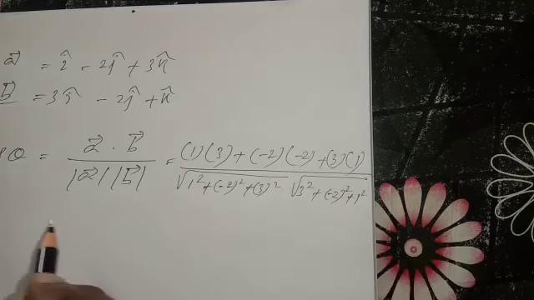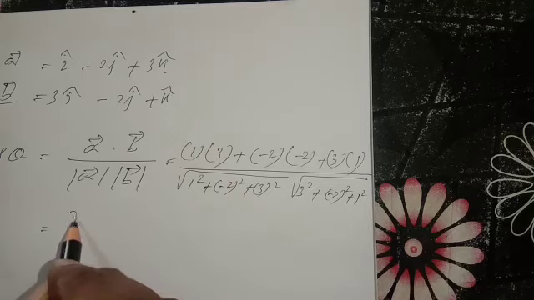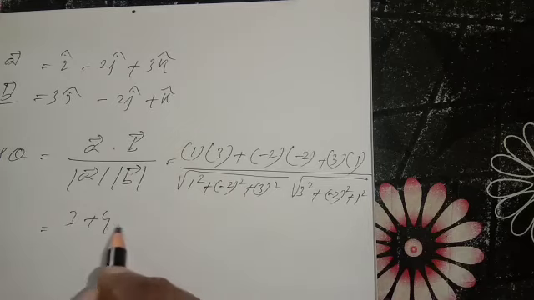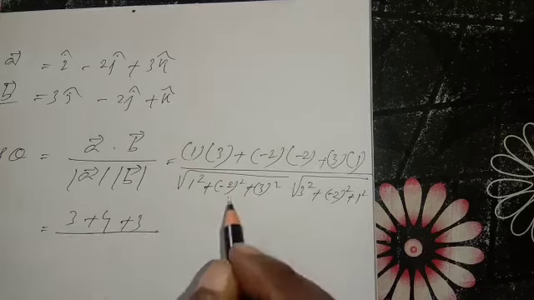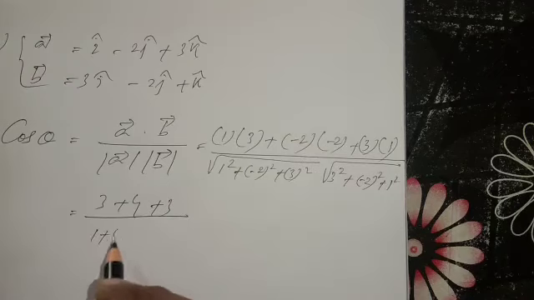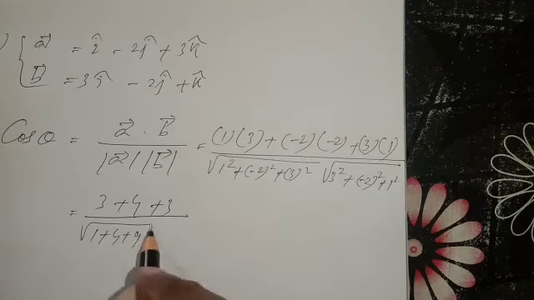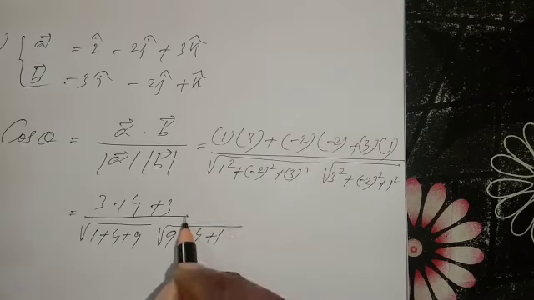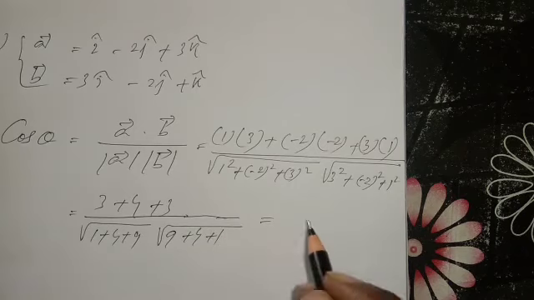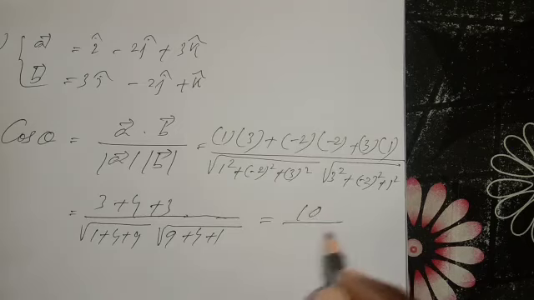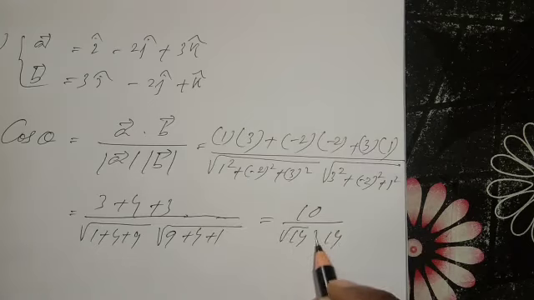Now simplify one by one. In the numerator, 3 plus 4 plus 3 is 10. In the denominator, 1 plus 4 plus 9 under the root, and 9 plus 4 plus 1 under the root. How much do you get? 10 by root 14, and here also root 14.